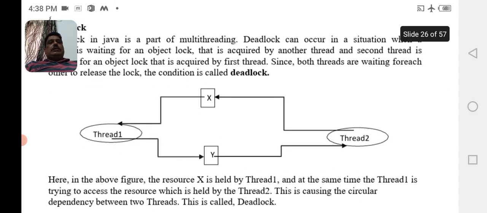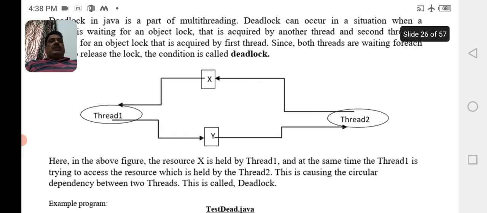So here is thread 1. Here in the above figure, the resource X is held by thread 1, and at the same time thread 1 is trying to access the resource Y which is held by thread 2.